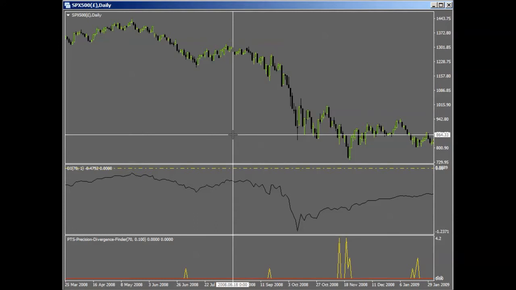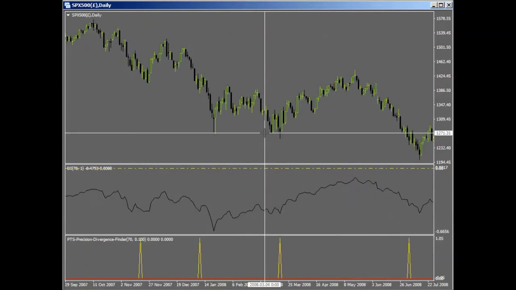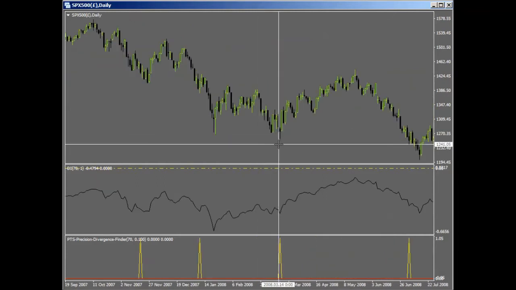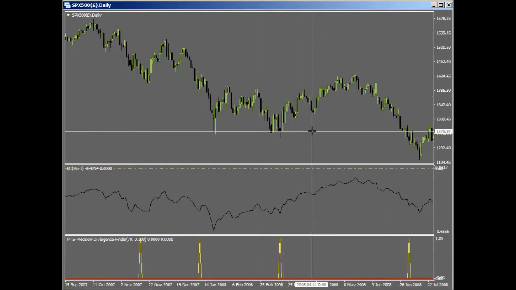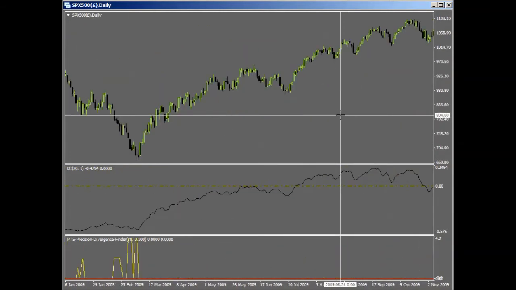So you can lose your shirt if you don't use stops, so that's something you have to do. You also need to give them space to breathe, and if you use a trend following exit, you can take some nice profits.